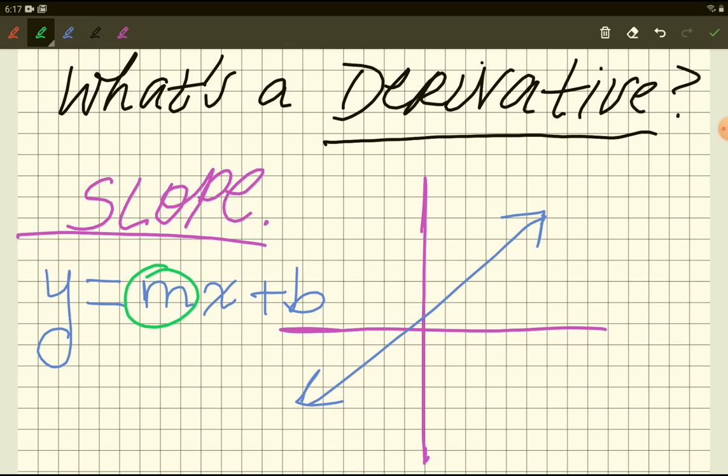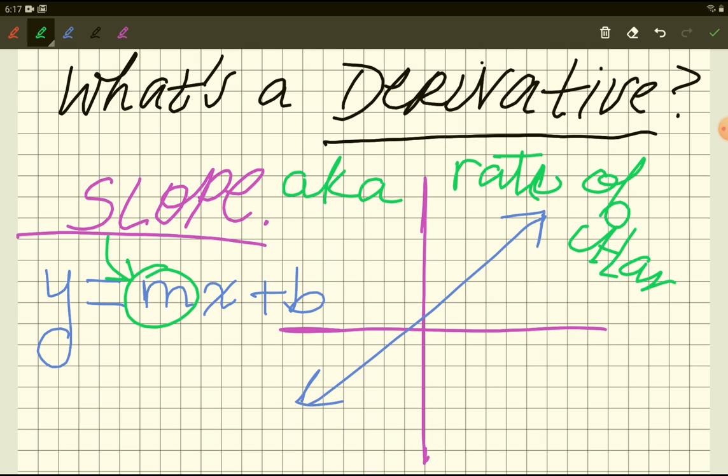The formula is something like mx plus b. So m is known as your slope, also known as a rate of change. You may have heard of it before.